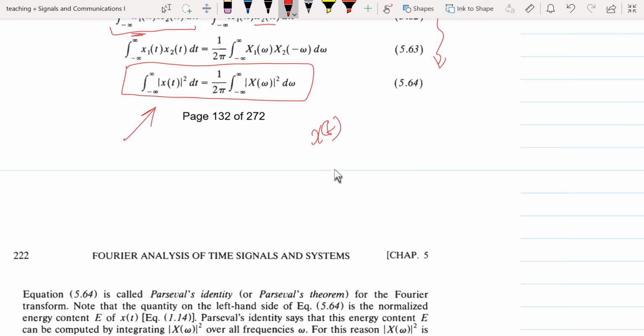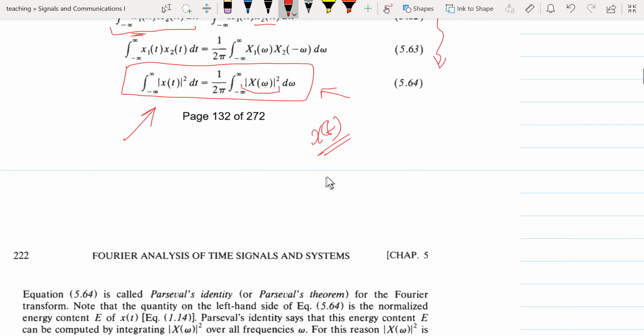This identity says that if you want to find the energy content of your time domain signal x of t, you can also obtain it by integrating the Fourier transform of your signal, squared, over all the frequencies. For this reason, this term here is referred to as the energy density of our time domain signal x of t.